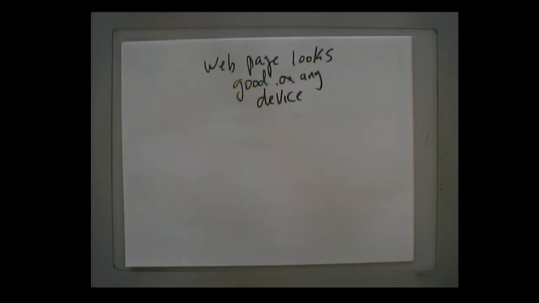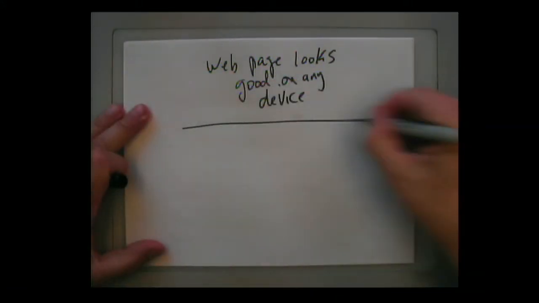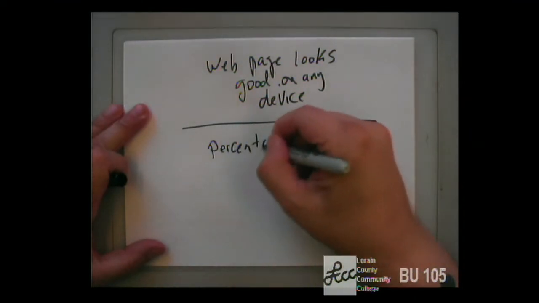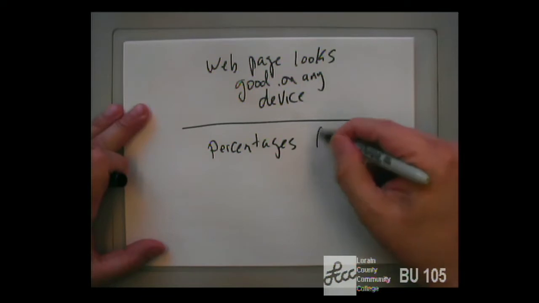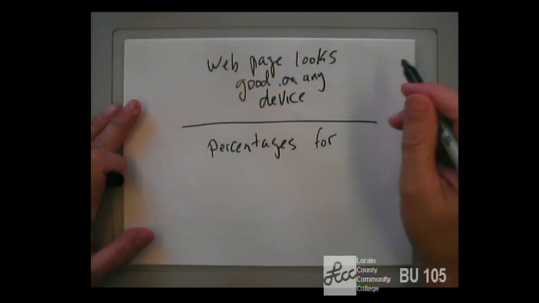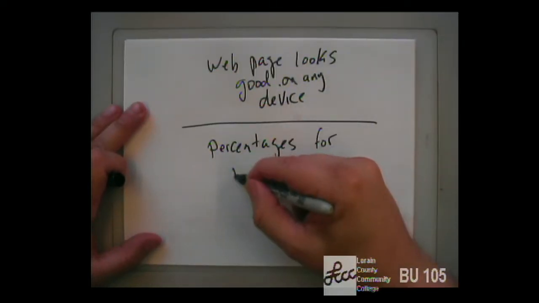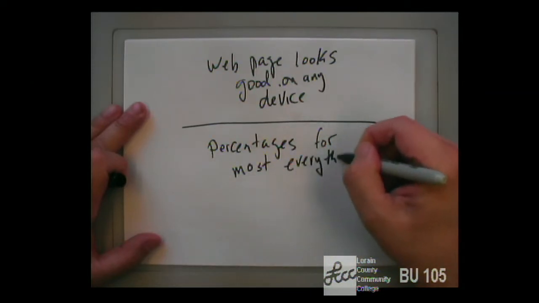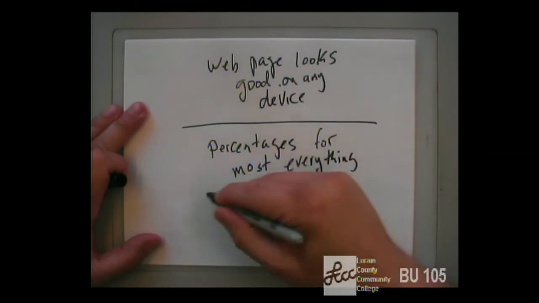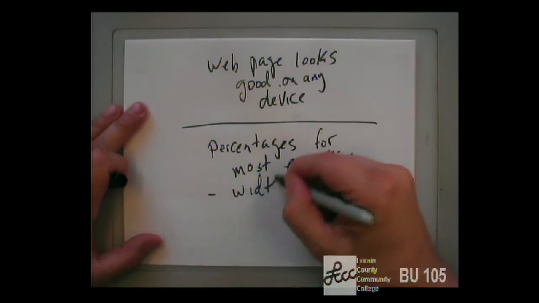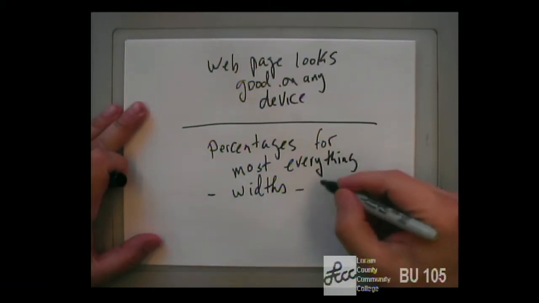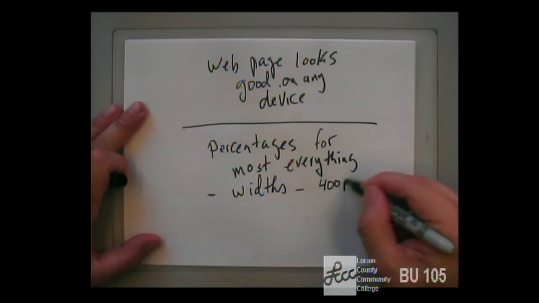Now, what are some of the characteristics of that? We are going to use percentages for most everything. In particular for widths, we're rarely going to do something like a width of 400 pixels.